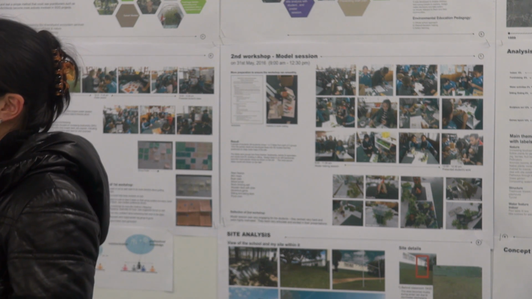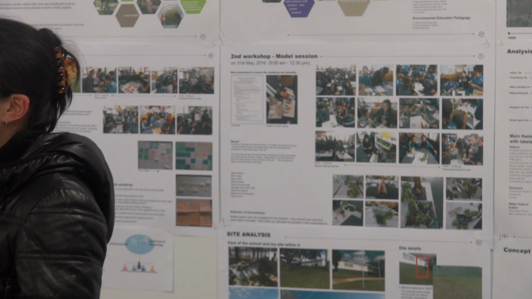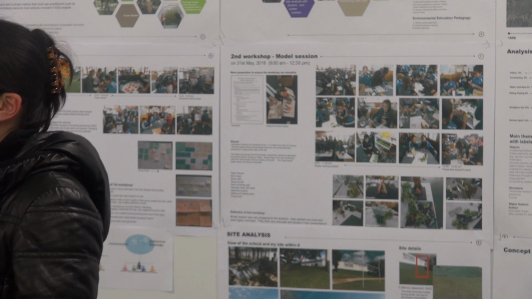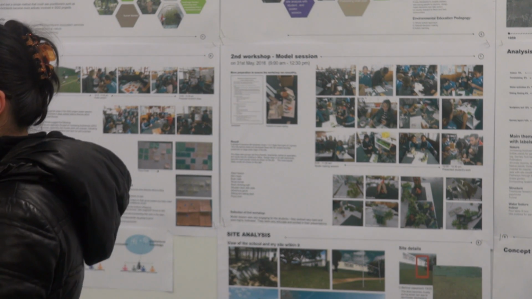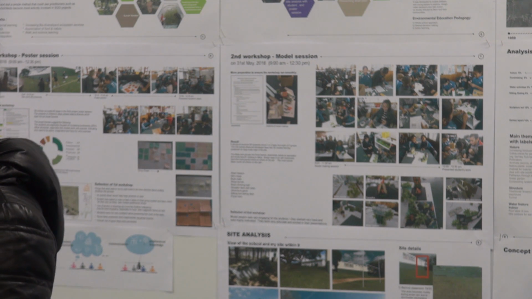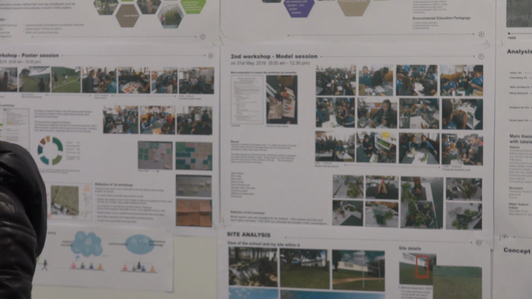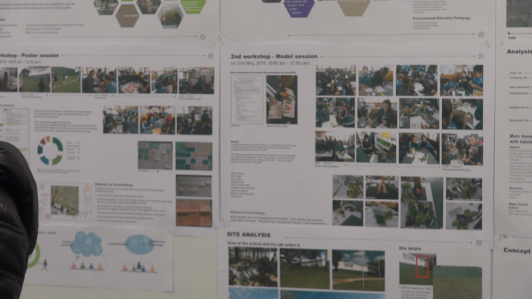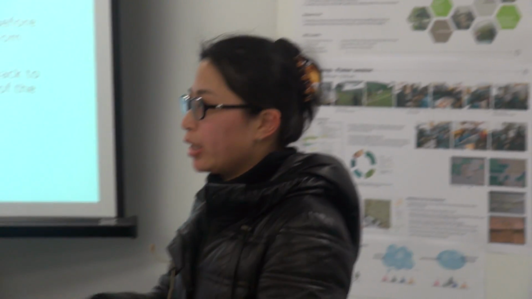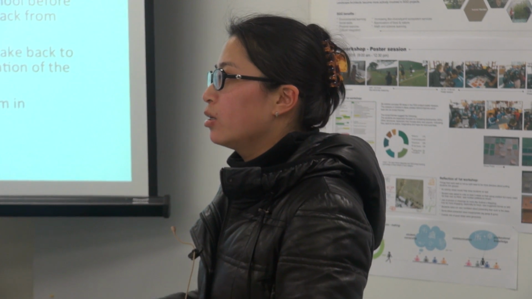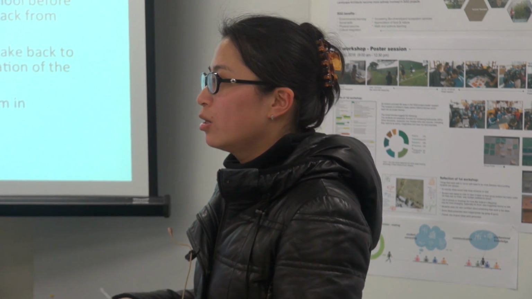And they fill out a questionnaire about what they like or don't like. Then I will collect all the feedback and go back to design again. Maybe not really all design again, just fix some places that need more improvement. Right, that's good.